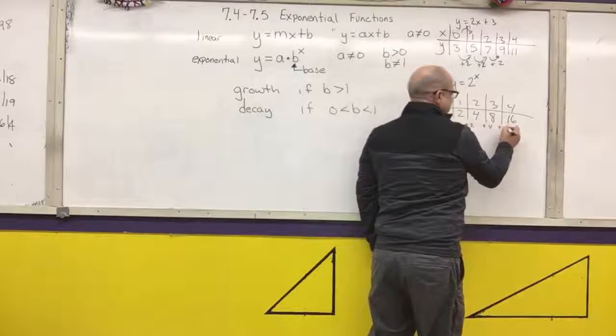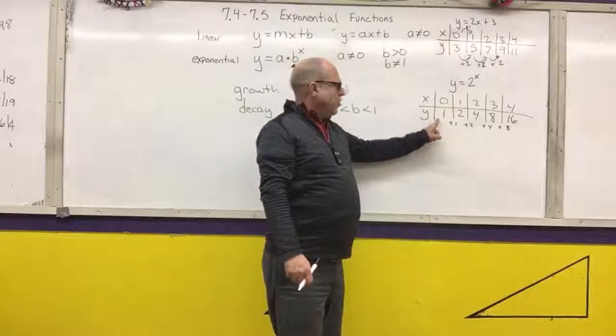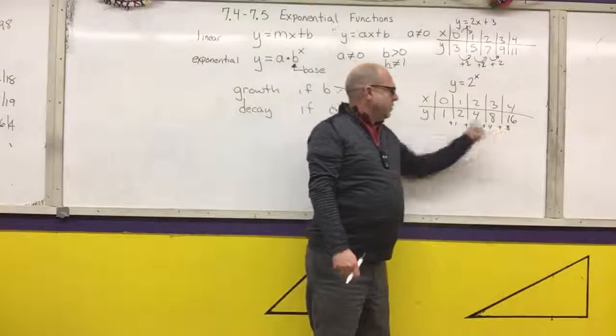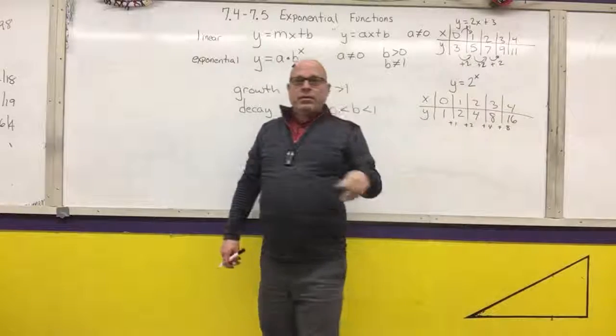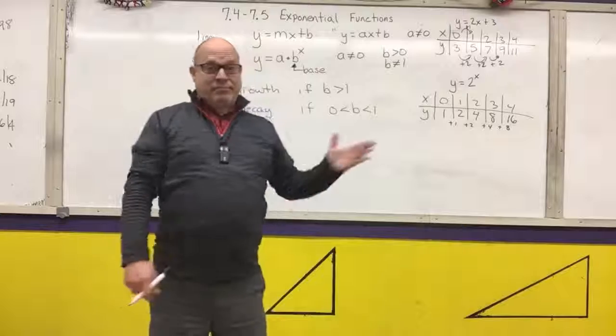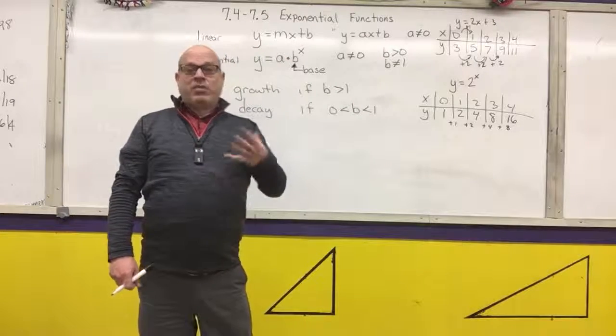Then I add 8. Anytime that you see the pattern where you're adding the same thing that's up on the diagonal from the previous one, you're going to realize, hey, I'm actually multiplying.